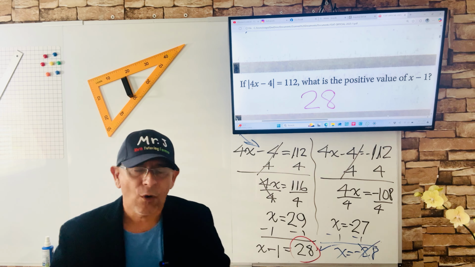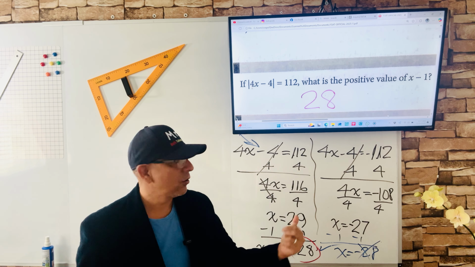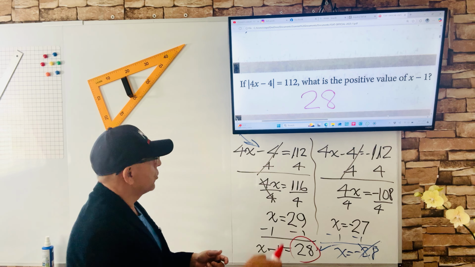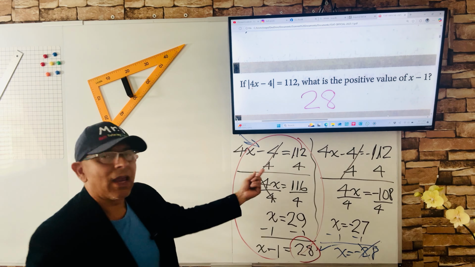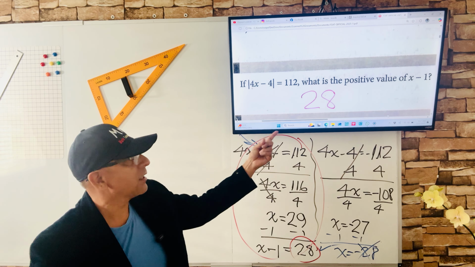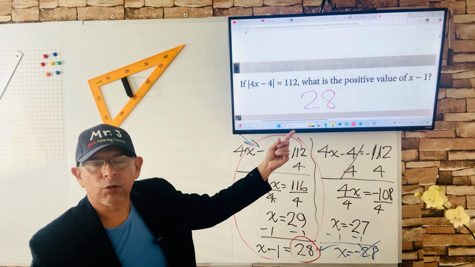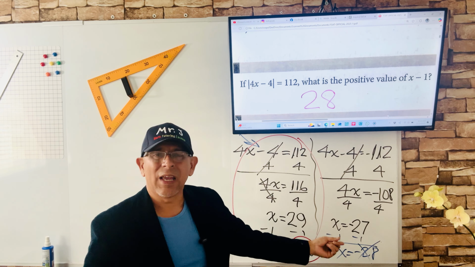Obviously, I know from the beginning that when I have to solve this equation, I need to use this part because my answer is going to be positive. And the problem is asking me for the positive value. And this one obviously is going to be negative.